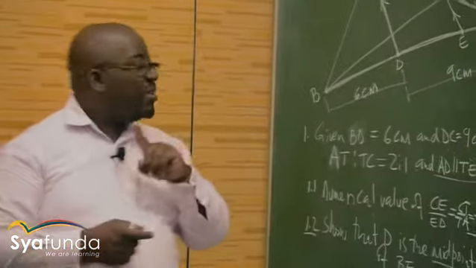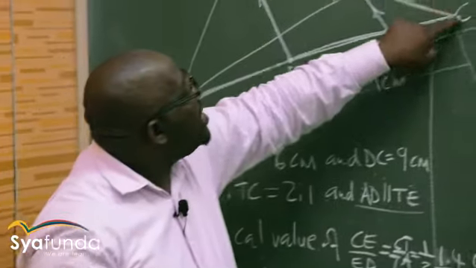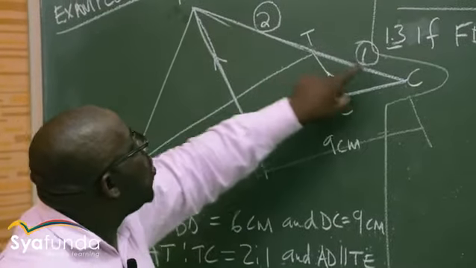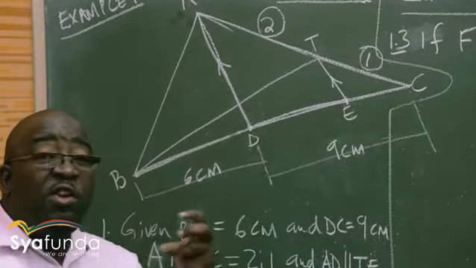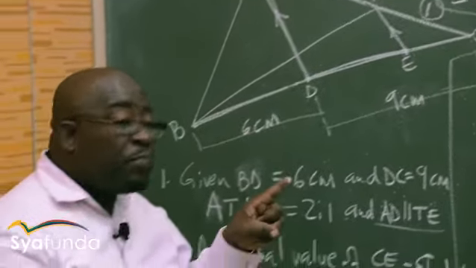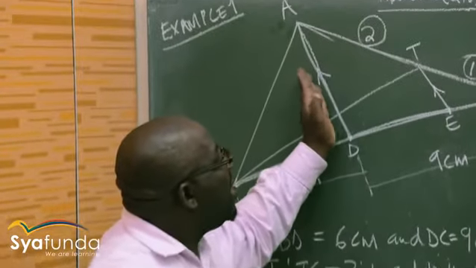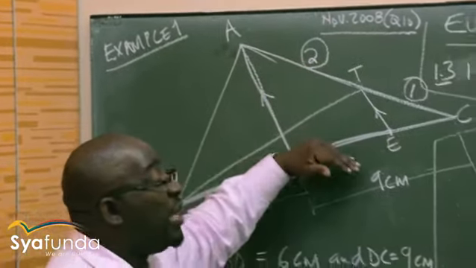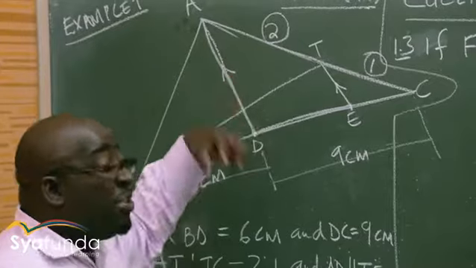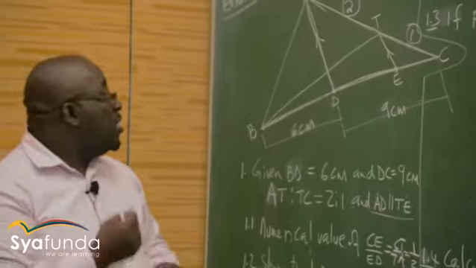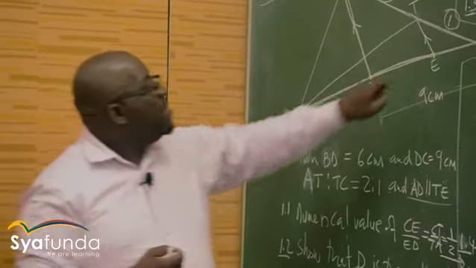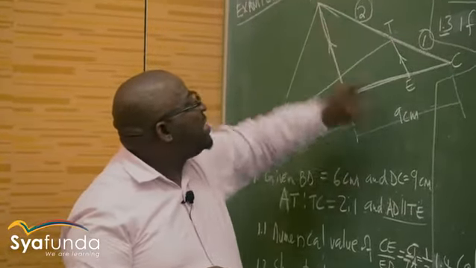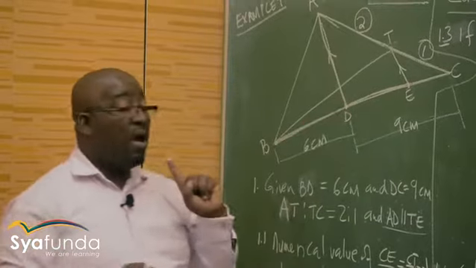Remember the ratio. The ratio is so important. It says this over that. In other words, 1 over 2 is the same as this over that. Ratios are equal, not dimensions. A line drawn parallel to one side of the triangle divides the other two sides proportionally. So in this one, this over that is the same as this over this.